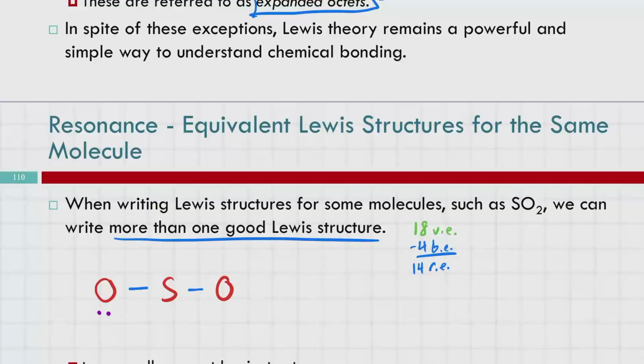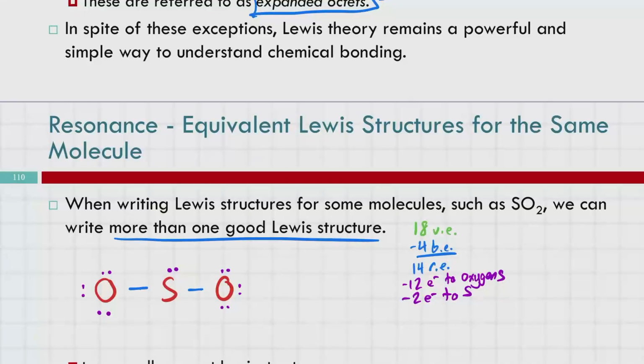We would start by giving those to our terminal oxygens, 6 to each. And then we would have 2 left over, and we would give those to sulfur. Kind of rushing through it so that we can get to the point of the slide, which is resonance.